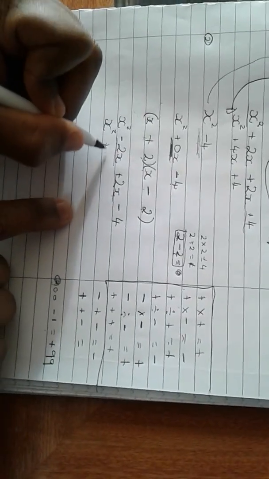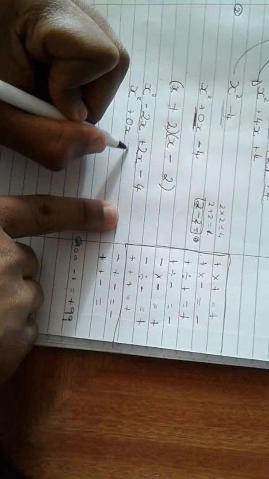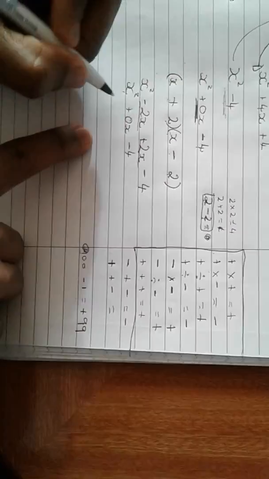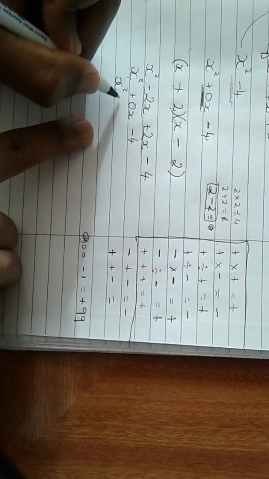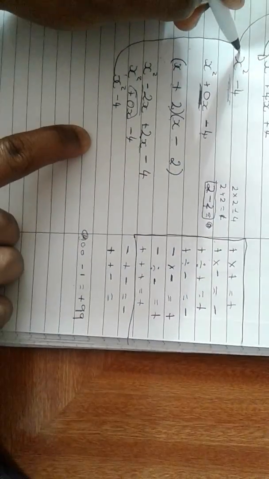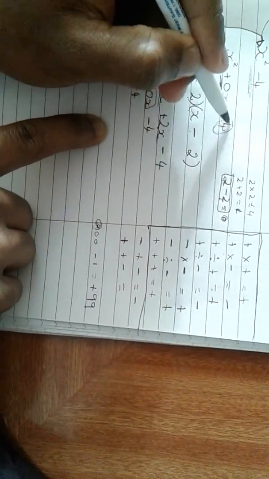It's going to be plus 0x, minus 4 which has no partner also. So how do you write this one? You write x squared minus 4 because you're going to exclude this 0x, which is the same thing as that. See, it's easy. So whatever number is here, you just do the same thing.